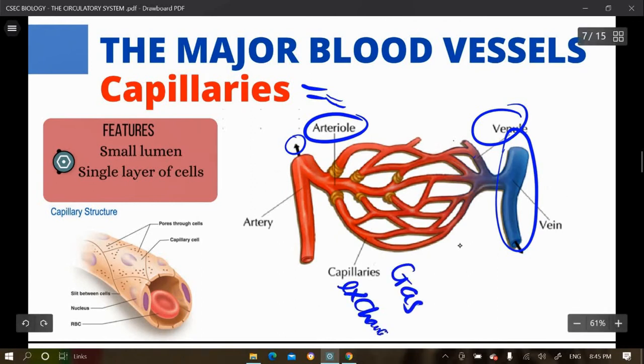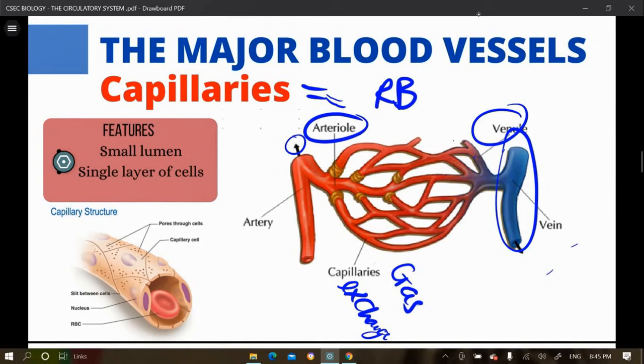So basically, the red blood cells will unload oxygen where it's needed and pick up carbon dioxide and leave. When it leaves, you get to branches called venules, and those venules will lead to veins. And the vein is really what brings deoxygenated blood, blood without oxygen, back to the heart. Okay? So that's basically how that works.